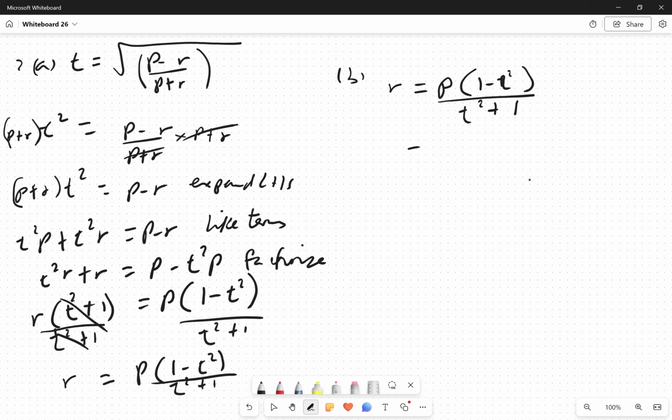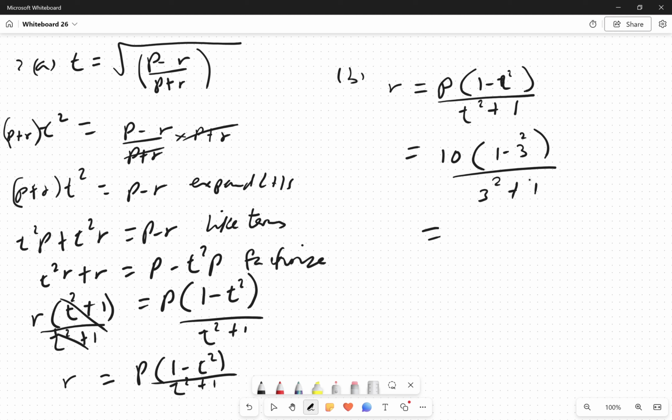So if we plug in the values, our t is 3 and p is 10. So 10 into 1 minus 3 squared, that's t squared, and then over t squared, so that is 3 squared plus 1.